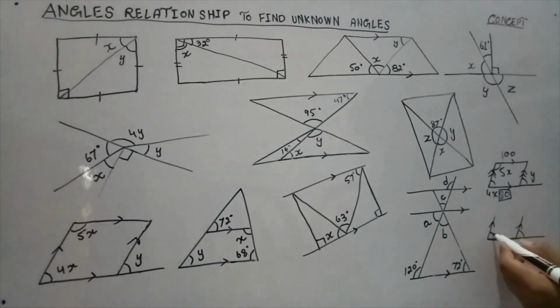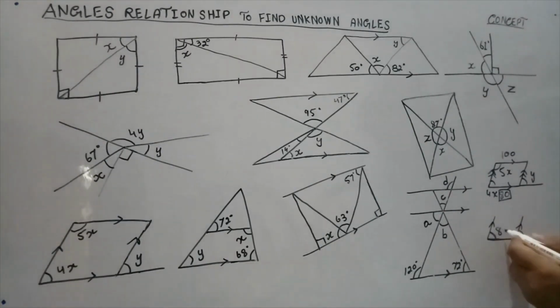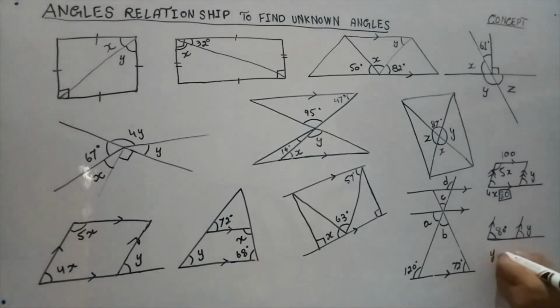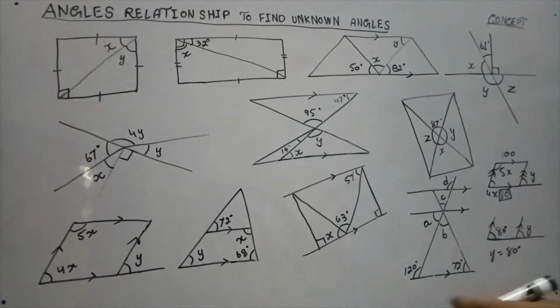This angle is equal to 80 degrees, and this angle is y. It means that 80 degrees and y are equal, so y is equal to 80 degrees, because of the corresponding angles.